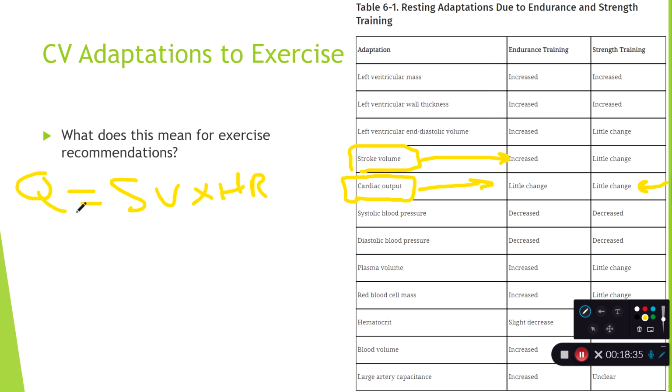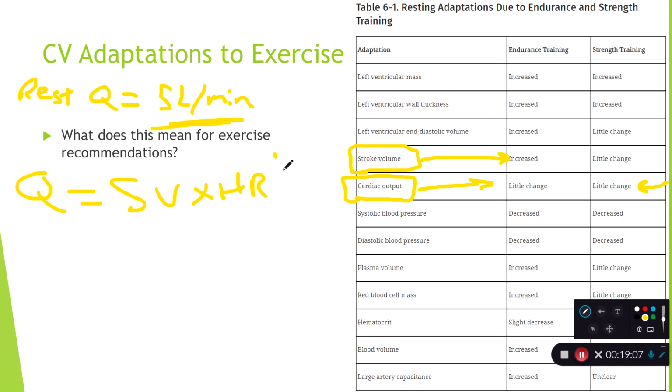Now, like I said before, at rest, your cardiac output is about 5 liters per minute, or 5 liters of blood per minute. That's for everyone, unless you had heart disease or a compromised cardiovascular system. When you exercise, you maintain this 5 liter per minute cardiac output at rest.